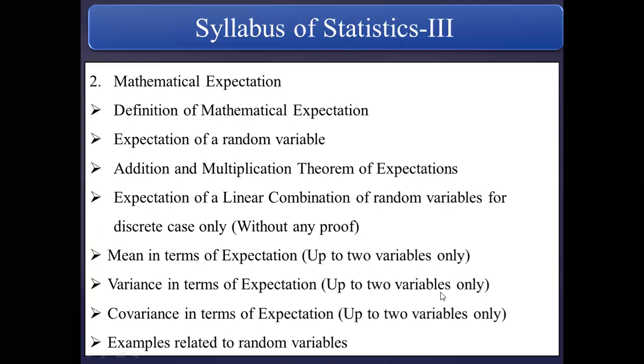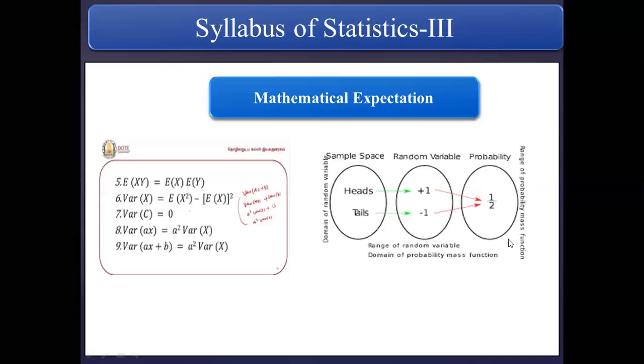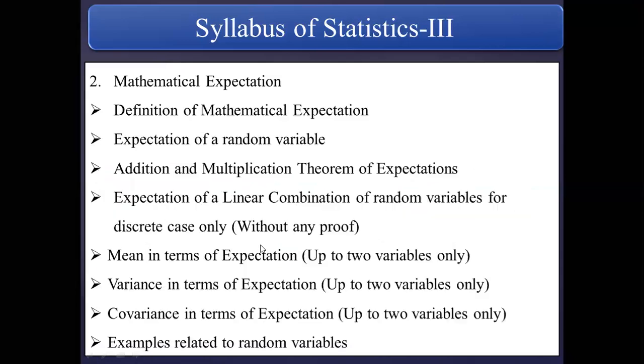So when we use mean in terms of expectation, we will use E, as earlier I have shown you. E means expectation. And when you use variance, then we will write VAR out of the bracket, or only V. V indicates the variance of expectation.